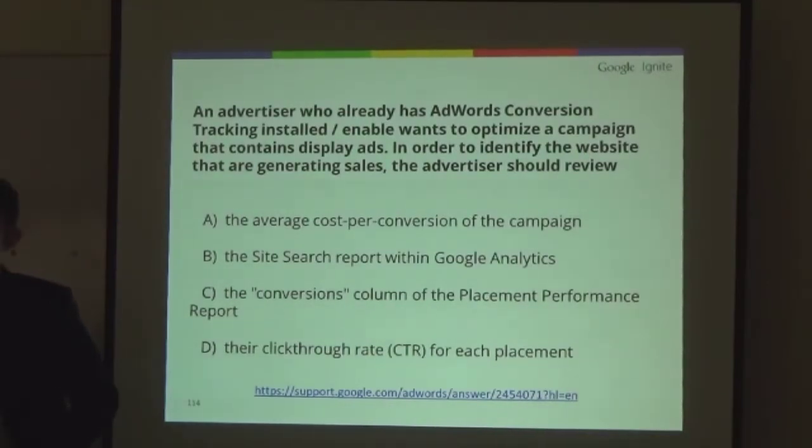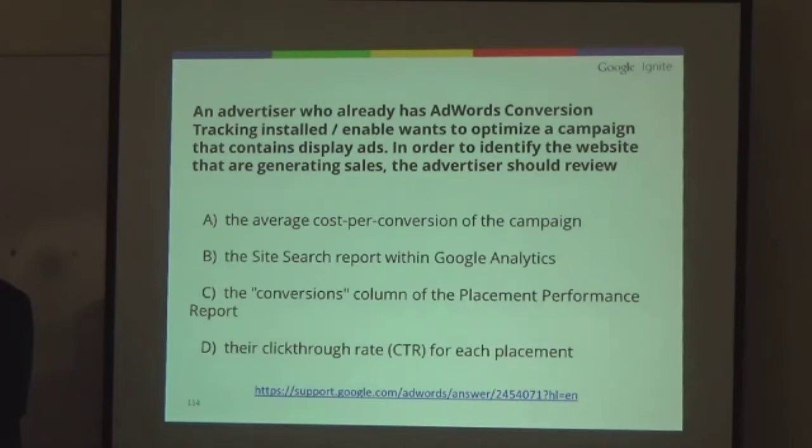Now read the questions again. In this context, this guy already installed AdWords conversion tracking, so he wants to optimize the campaign for display ads. The objective is to identify which website has the higher conversions.